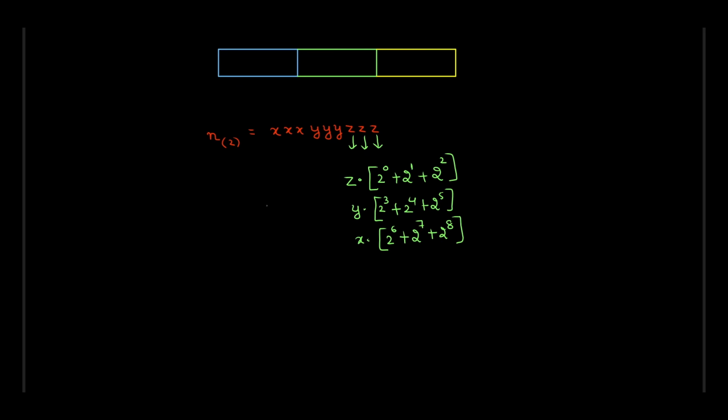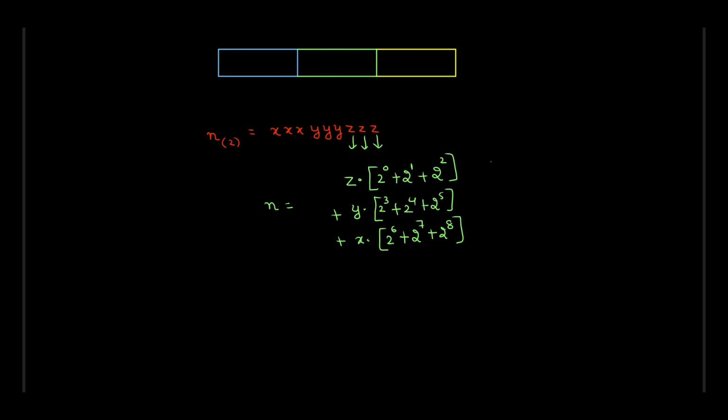And the final n of course will be the sum of all of these. So can you simplify it down even further? You can see that in these expressions 2 to the power 3 is common, and 2 to the power 6 is common.